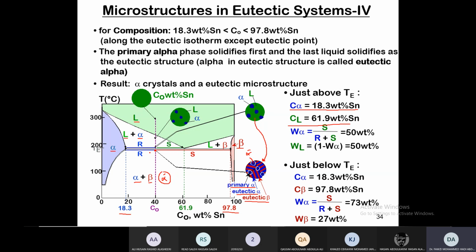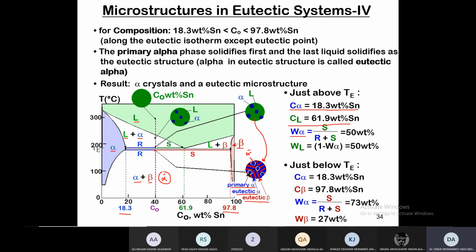Now, in order to get the weight fraction of alpha, or the weight percentage, it will be what? Using the lever rule, it will be S, that segment of the tie line, divided by S plus R. So this is what we are saying. It's S divided by S plus R. That's the weight fraction W alpha, the weight fraction of alpha.